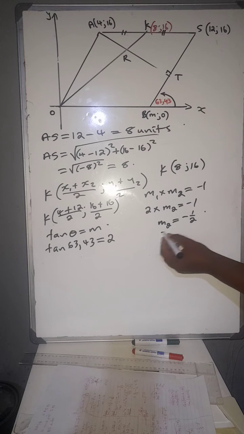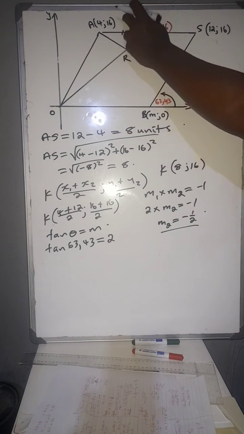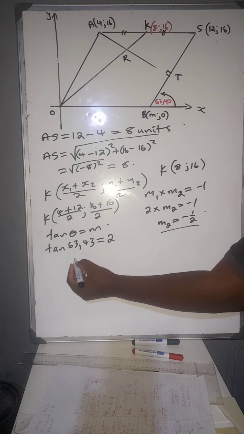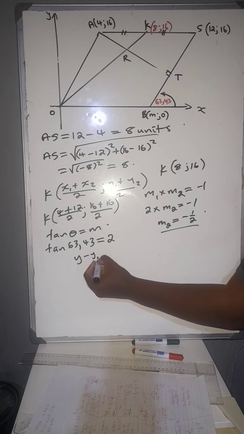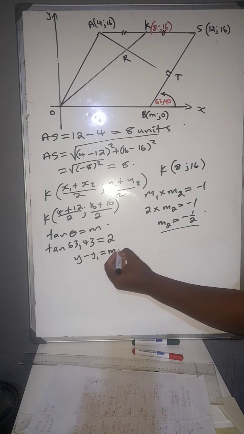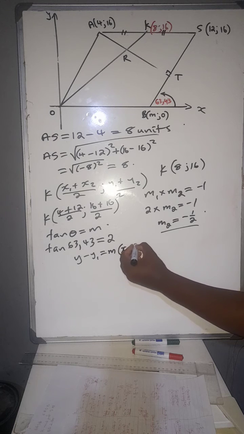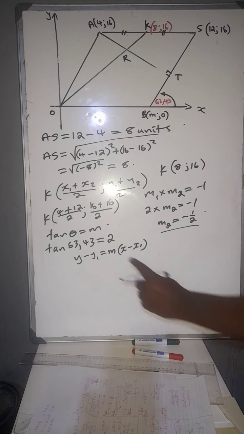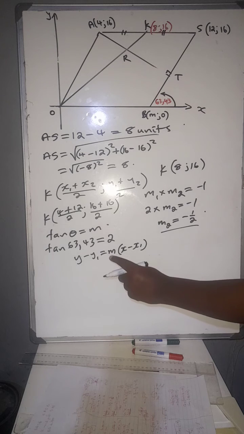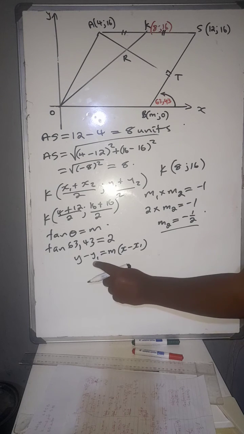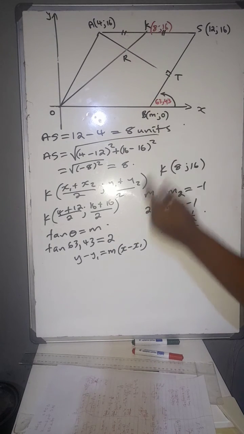Now we have our gradient and we have our point, and we can use the formula y minus y1 is equal to our gradient multiplied by x minus x1, where m is our gradient and x1 and y1 is the point.